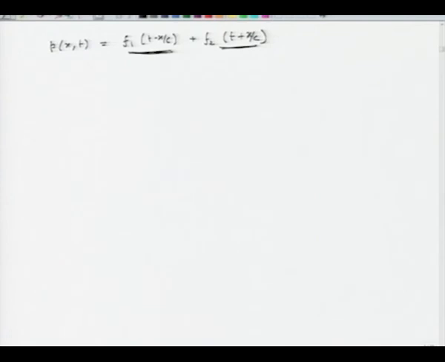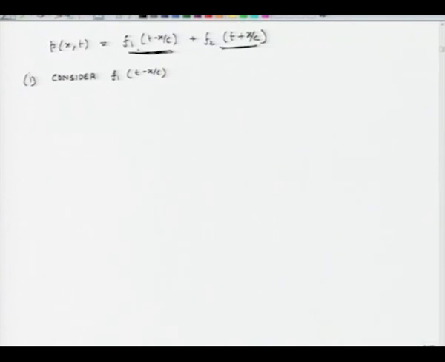So, we will start with f of t minus x over c. So, we will consider f1 of t minus x over c, and we have proved just now that this is a valid solution for the one dimensional wave equation. Now, in this case we take a special situation.